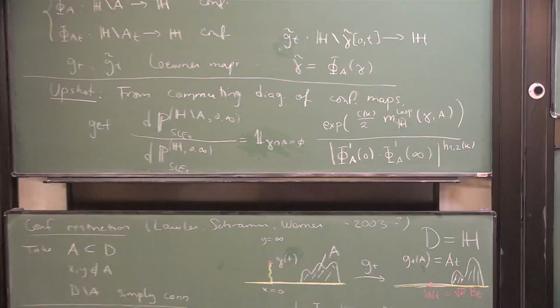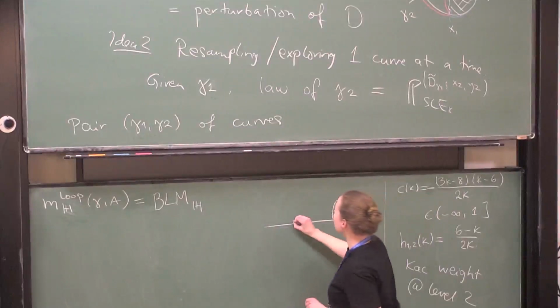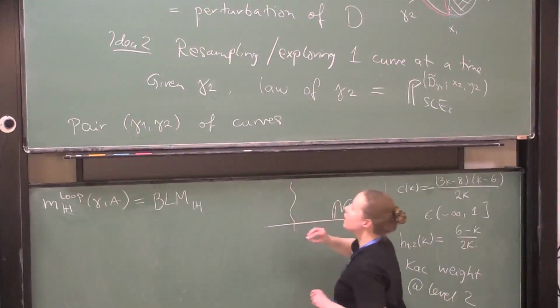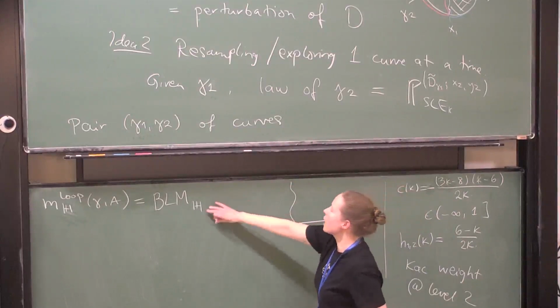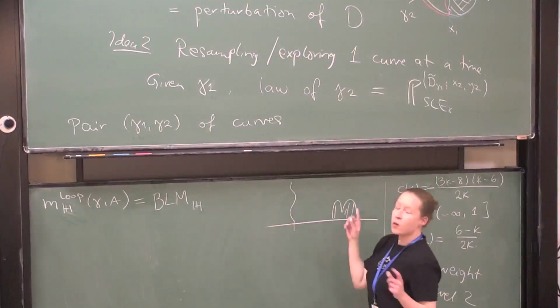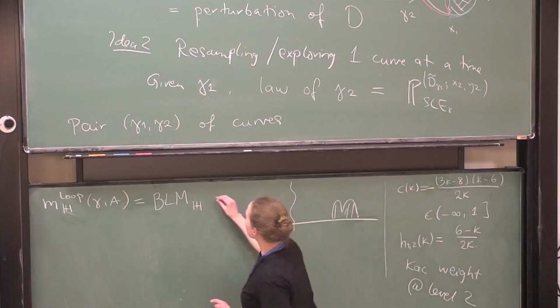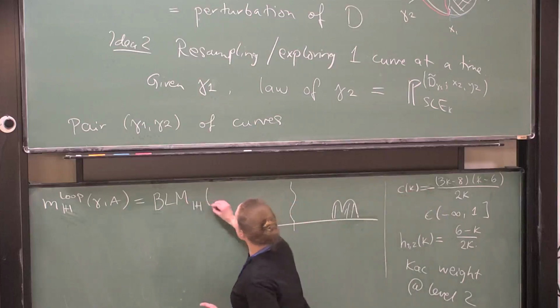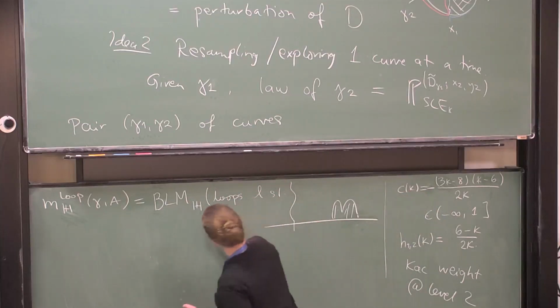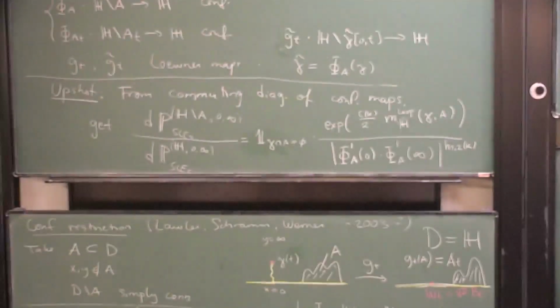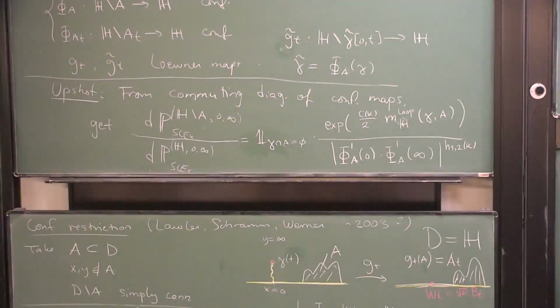If you don't know what it is, you can think about it as some infinite measure on loops living on the half plane with some geometric property. So loops, let's say L, such that L intersecting gamma is not empty, and L intersecting A is not empty.